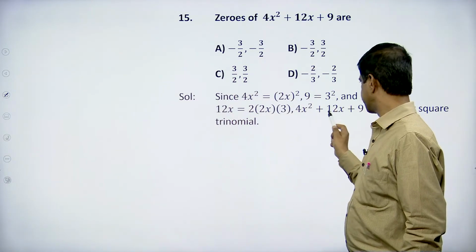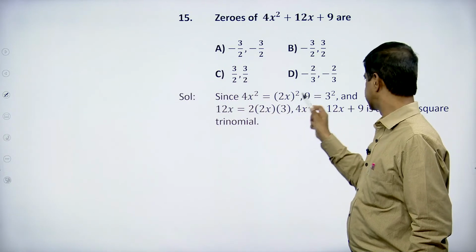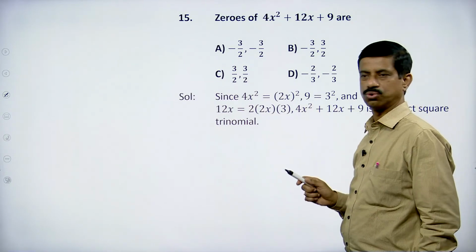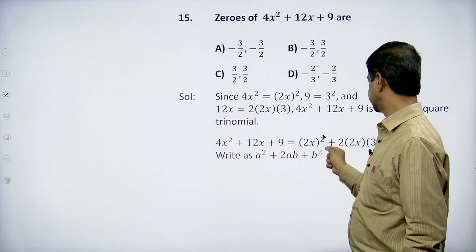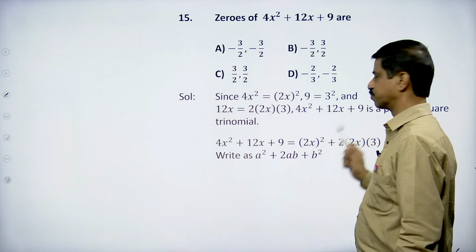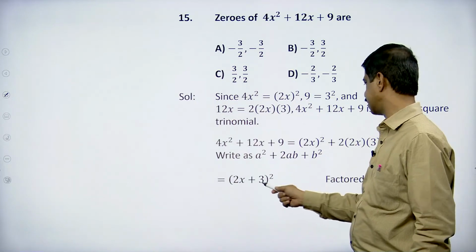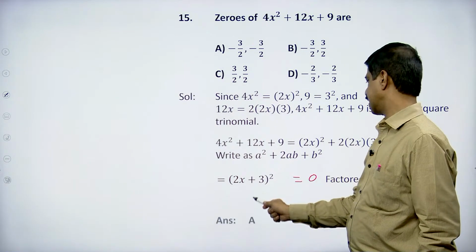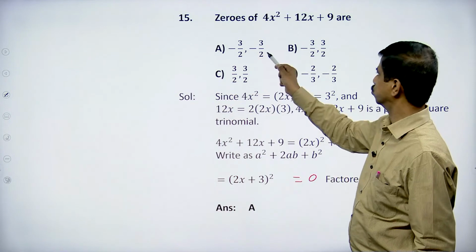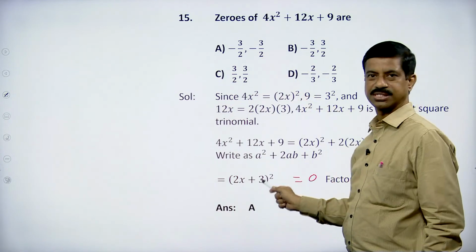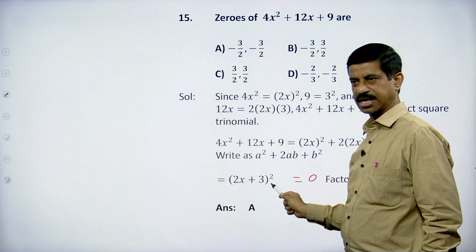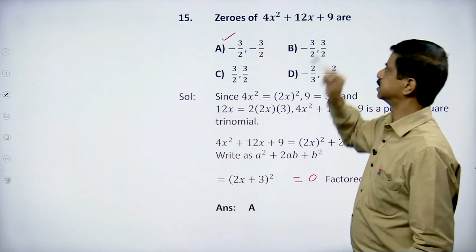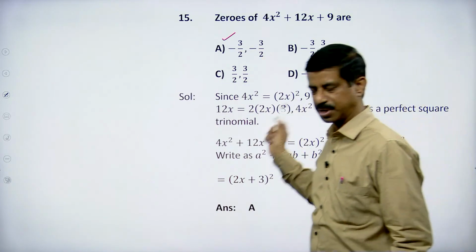So, this 12x can be written as 2 into 2x into 3. So, a square plus 2ab plus b square is a plus b whole square. If you equate it to 0, you will get x equal to minus 3 by 2. As both the roots are same, the answer should be minus 3 by 2 comma minus 3 by 2. Please note it fast.